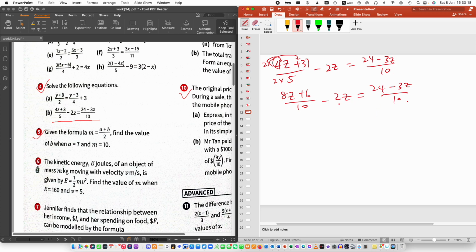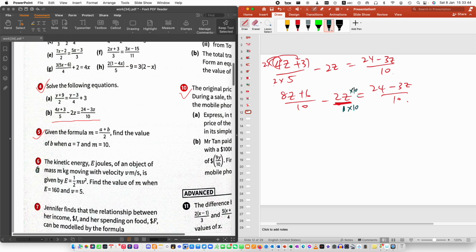Can you see that you have a 2z here? So you also need to make it denominator 10. How? You need to force a 10 below. Can you see that initially it's 2z over 1? So now you force your denominator to 10. How do you force your denominator to 10? You times a 10, right? So if you times a 10 below, you need to times a 10 on top.